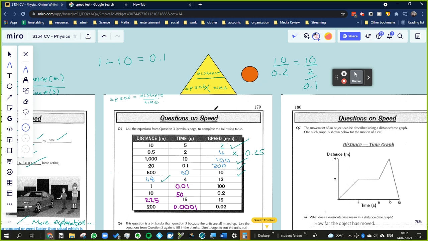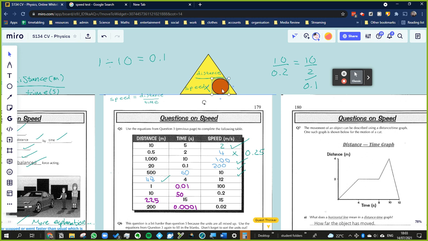Okay, so let's have a look. This is right again. The first one, we're looking at time. So time is distance divided by speed. 1 divided by 100 is 0.001.